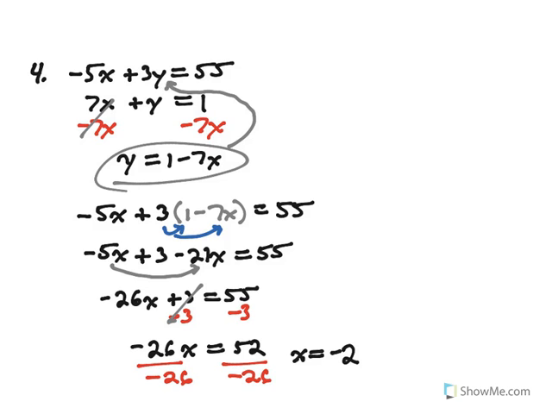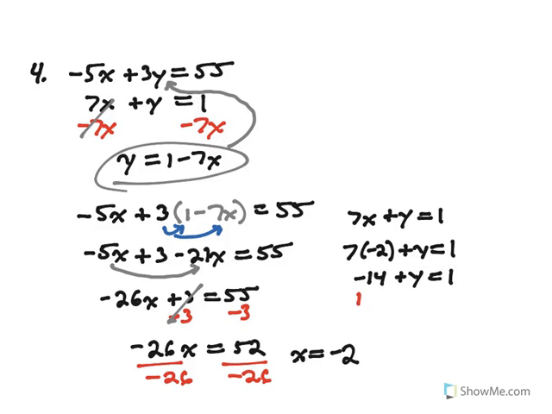So why don't we just pick one of the original equations? I'm going to pick the second one, which was 7x plus y equals 1. And now I'm just going to replace the x with negative 2, because that's what we got. And then now 7 times negative 2 is negative 14 plus y equals 1.